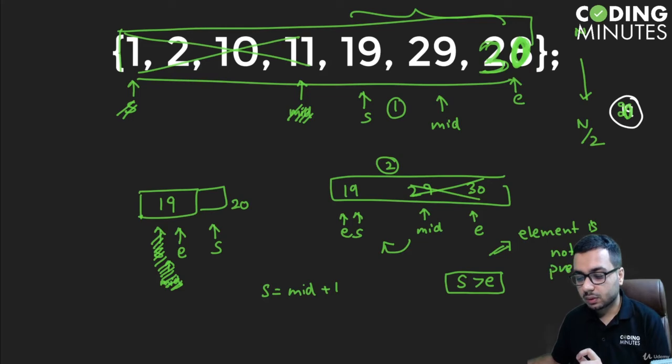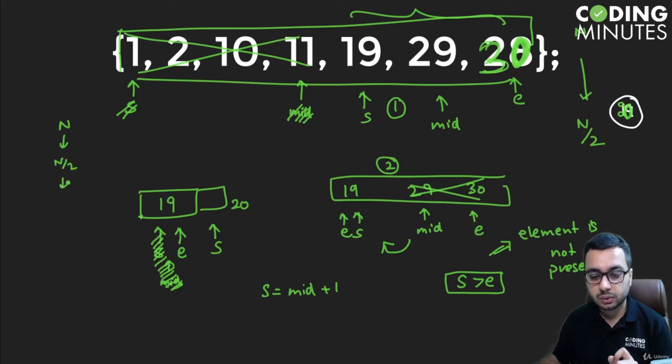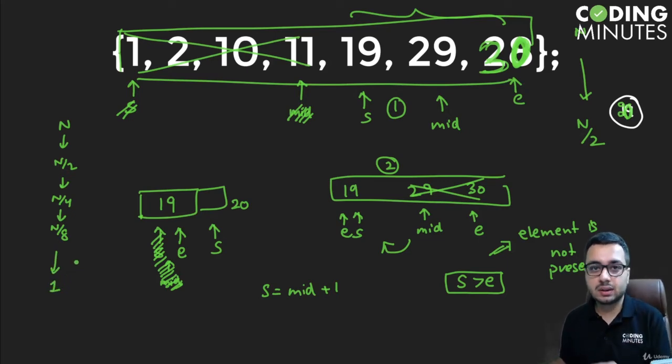So what will happen? You start from an array of size n, then it will reduce to n by 2, then n by 4, then n by 8, and eventually it will reduce to 1. If that element is not equal to what you expected, this condition will get hit: either end will come before start or start will come before end.